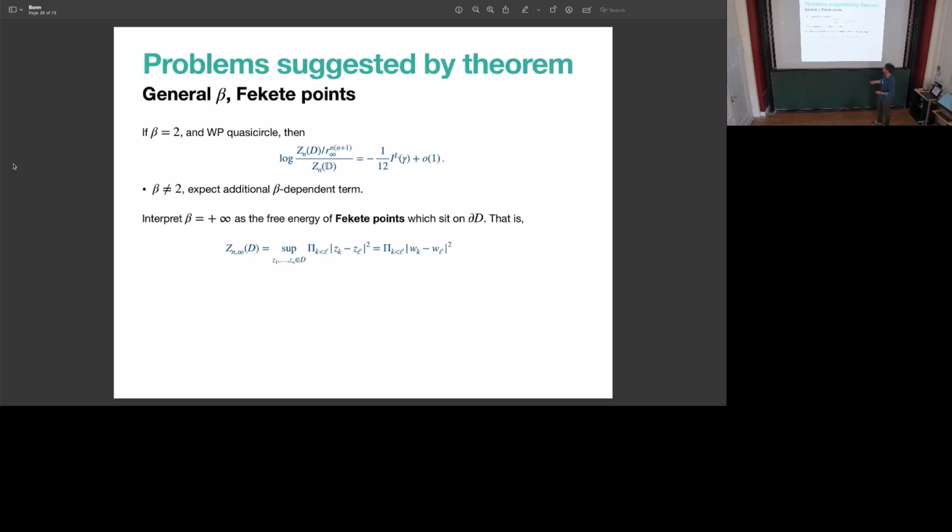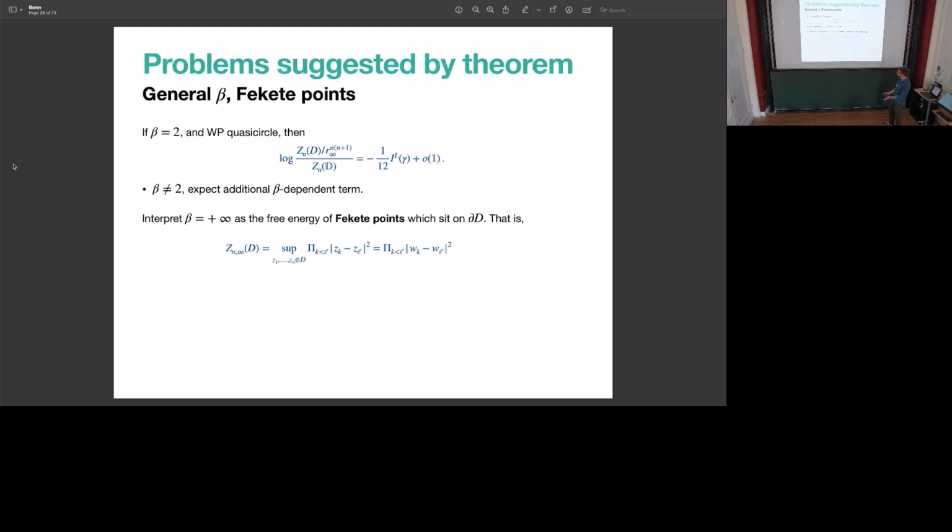These are just the points that minimize the electrostatic energy, so they will sit on the boundary. This is a classical fact. You could also view it as the set of n-tuples of points that maximize this discriminant. It doesn't have to be unique, as is easily seen on the circle, for instance.